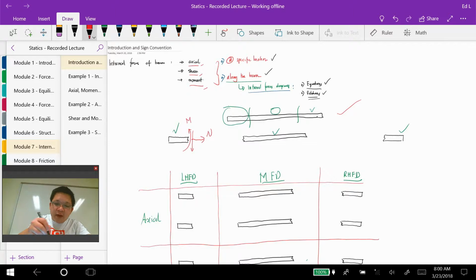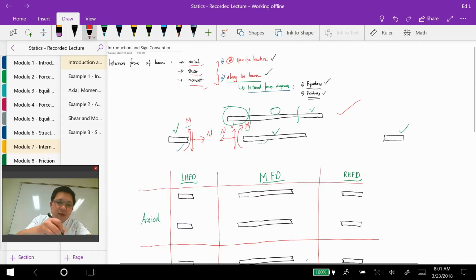On the other side we have the same moment, axial force, and shear. Notice the directions of this moment: when I combine this left hand piece together with the middle piece over here, it will cancel out each other.